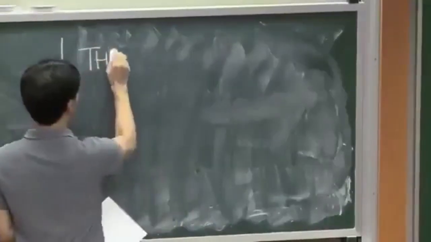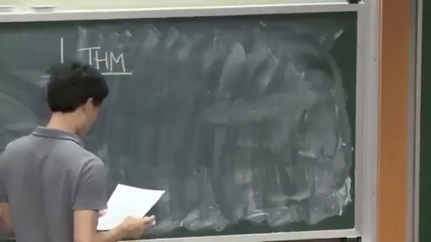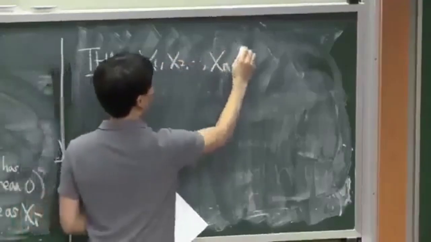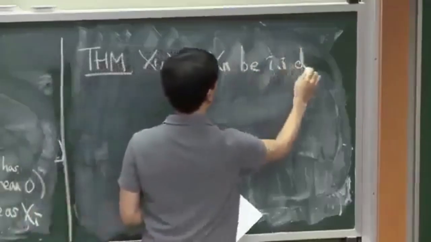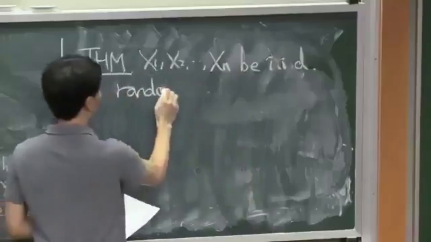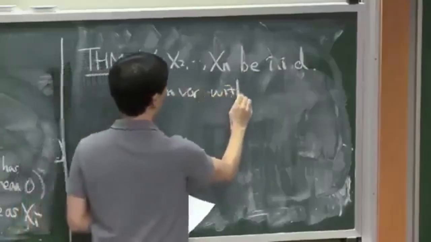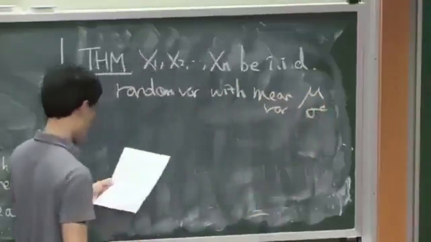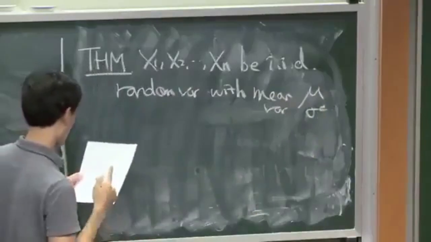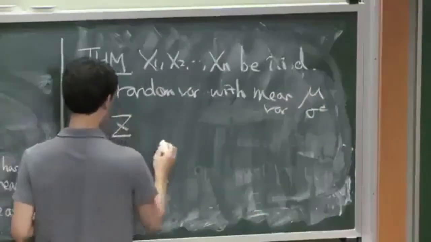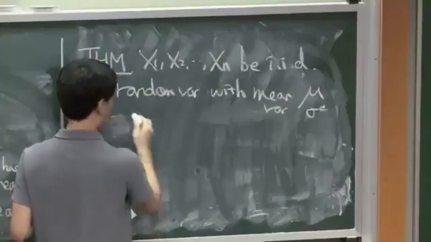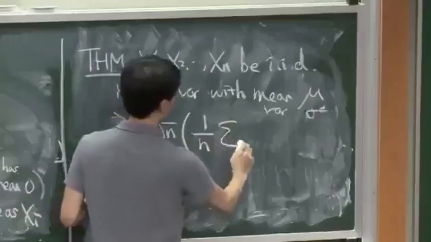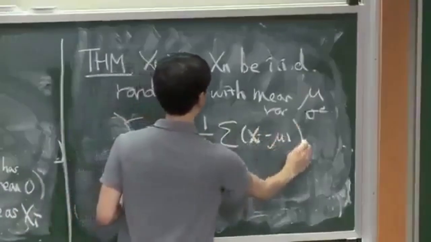So, theorem. Let x1, x2, ..., xn be IID random variables with mean mu and variance sigma squared. And let yn be square root n times (1 over n sum of xi minus mu).